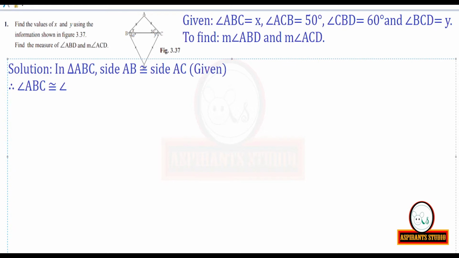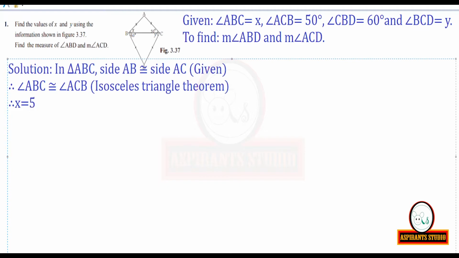If two sides of the triangle are congruent, then the opposite angles will be congruent according to the isosceles triangle theorem. So, angle ABC is congruent to angle ACB. When the angles are congruent, their measures are equal. So, angle ABC is equal to angle ACB.